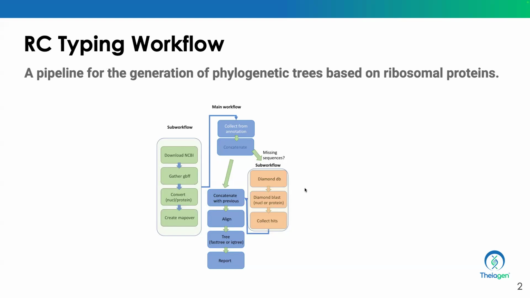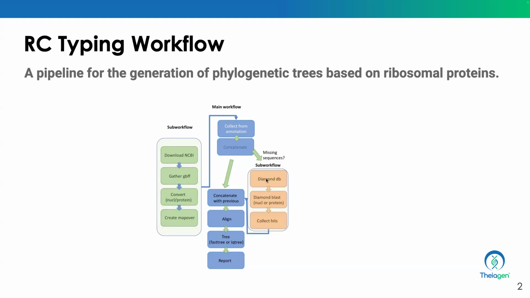Just to let you know that the WDL implementation of this at the moment is mainly just the main workflow. The WDL workflow that you'll find on Terra does not have the sub workflow that can download sequences from NCBI.